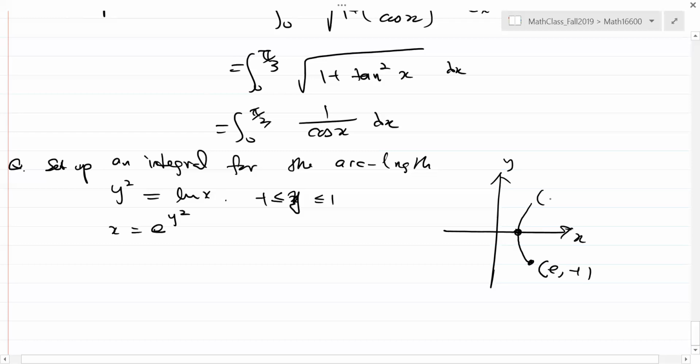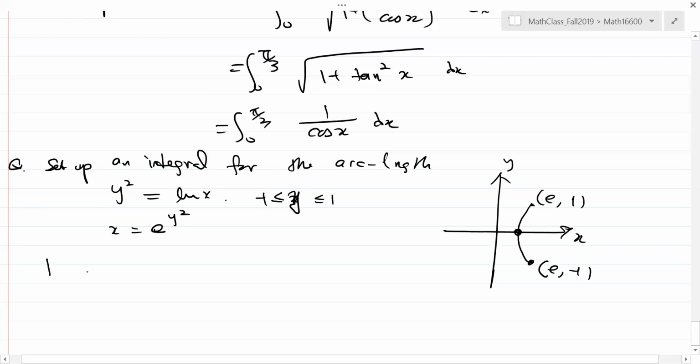When y is positive 1, you also have x equal e. So when y equals negative 1, x is e. When y is positive 1, x is e. So you have a starting point and ending point. We just want to set up an integral for the arc length of this curve.